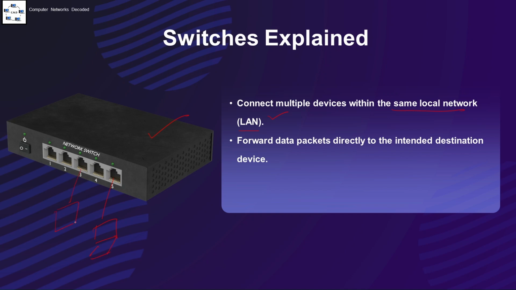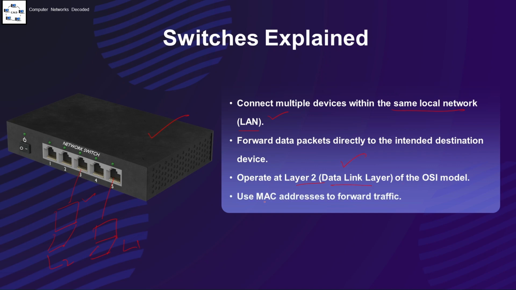For example, if you want to send traffic from laptop 1 to laptop 2, the switch will forward traffic directly to that device. On the other hand, routers may be forwarding traffic to another router. And the switch operates at layer 2, or the data link layer of the OSI model. So this is important. And a switch basically uses MAC addresses to forward traffic.